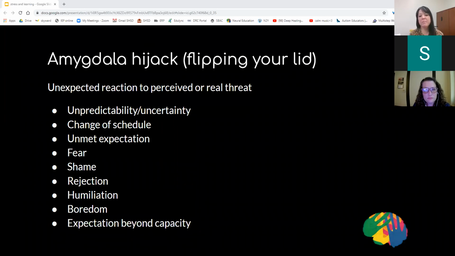So we're going to talk about a specific stress response called amygdala hijack. It's also sometimes referred to as flipping your lid. That might be a term that you've kind of heard around. And remember, the amygdala are those almond-shaped structures in our brain that act as switching stations. And so amygdala hijack will happen when our brain perceives a threat, and then we have to determine a response to that threat.